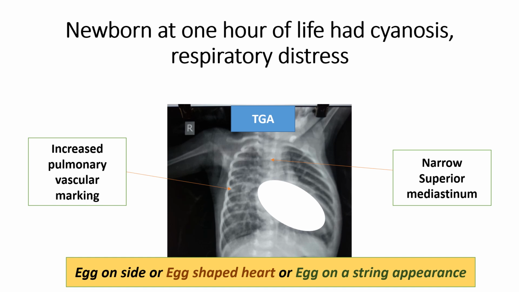So whenever there is central cyanosis with respiratory distress and other signs of CCF within 72 hours of life, we have to suspect it may be because of a cyanotic heart disease with increased pulmonary blood flow.